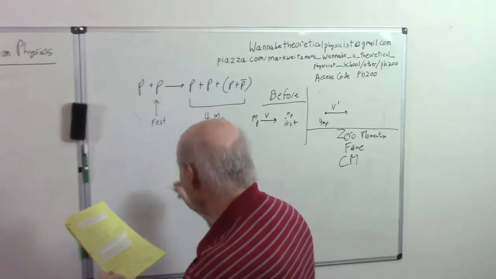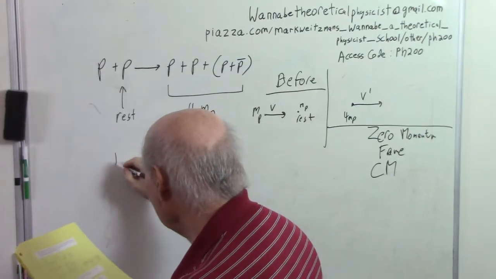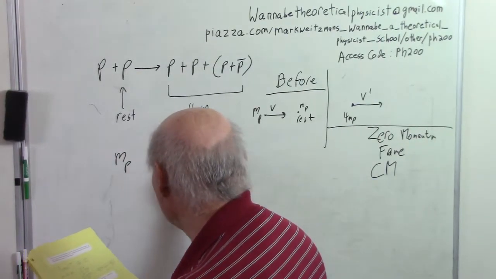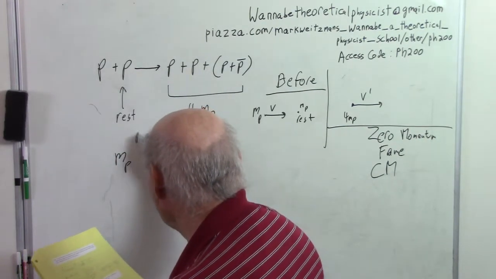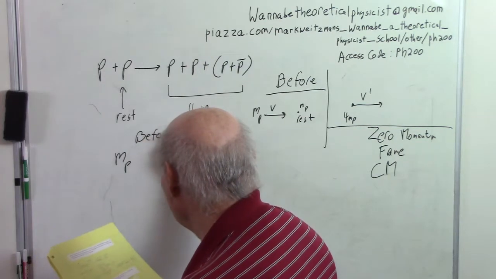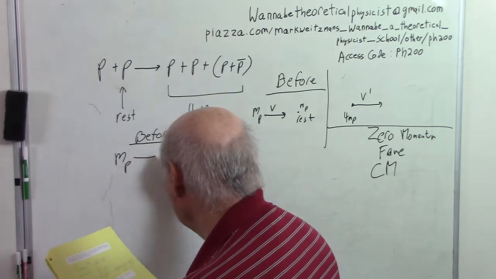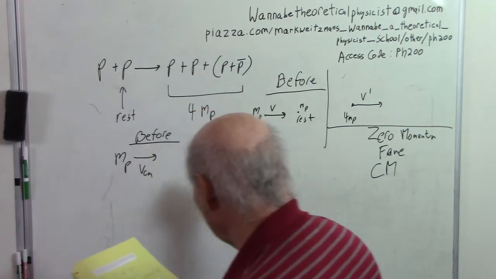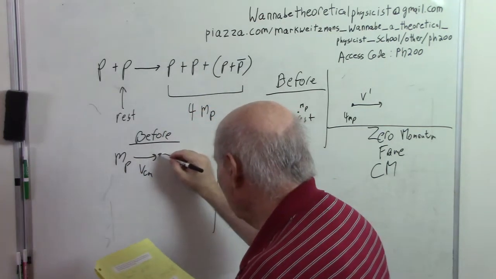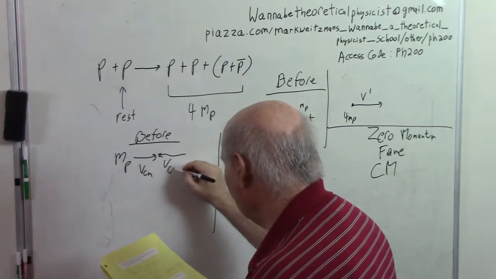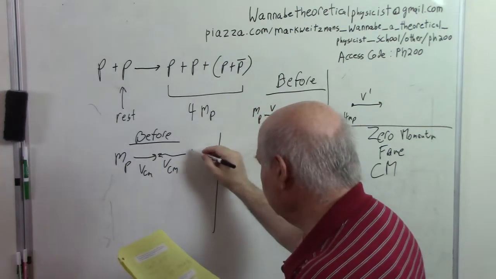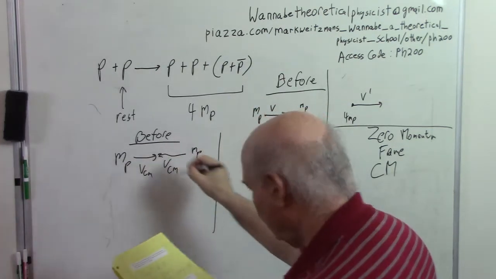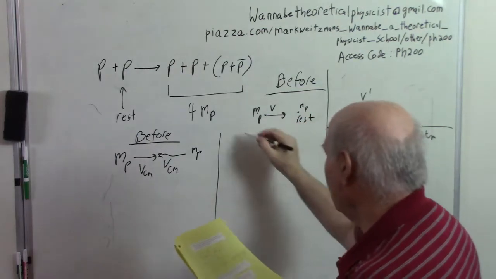So, in that frame, what do we have? Before, a proton moving at a velocity in the CM, and another proton moving at a velocity in the CM. These two collide.